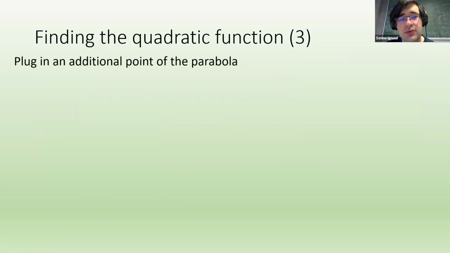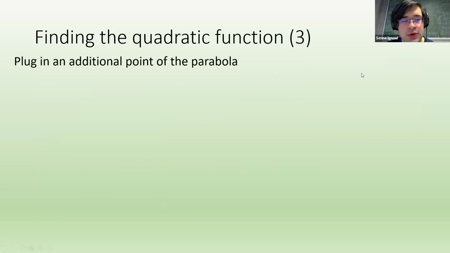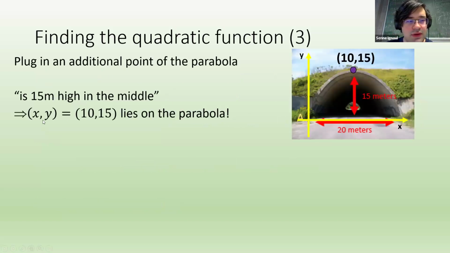So we have to choose another point of our parabola that we have not used yet and just plug it in. In this case, we know that the tunnel is 15 meters high in the middle. The middle corresponds to x equals 10 meters, and there it's 15 meters high. So the coordinates (x, y) are (10, 15). This point also lies on your parabola.